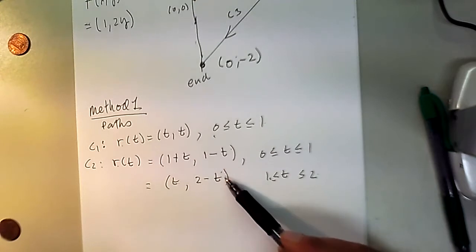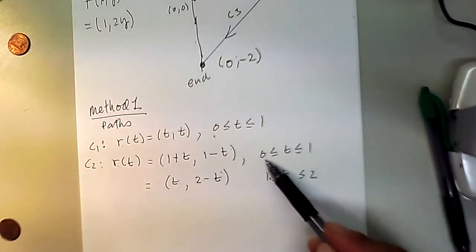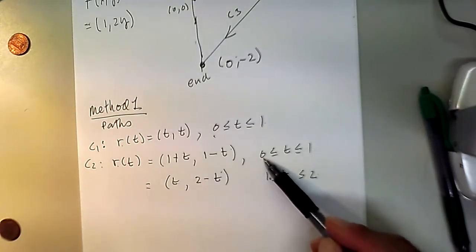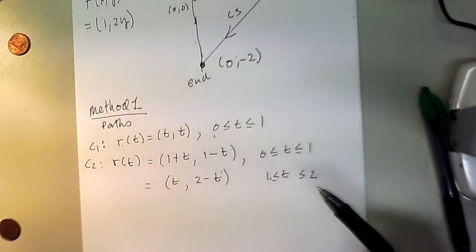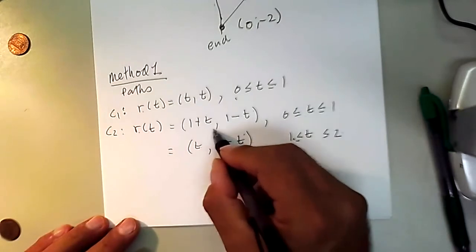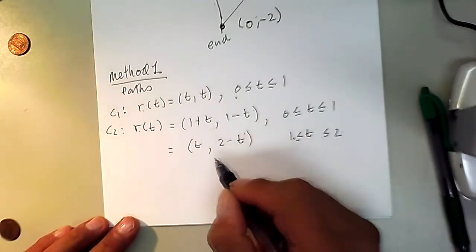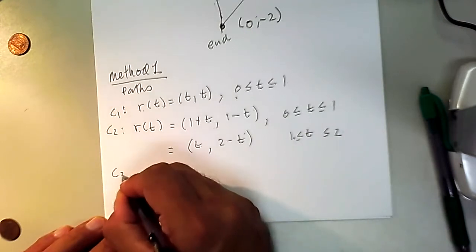A change of variable takes from here to here without any drama. And by putting 0 and 1, 0 makes a lot of the plugging in of the numbers easier than the 2, for instance. And the 1 also makes things somewhat easier. So I'm going to stick with this one, not this one, but I did want to show you there is more than one way to parameterize a curve.